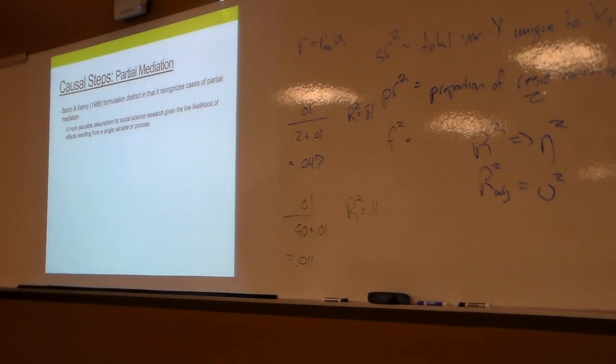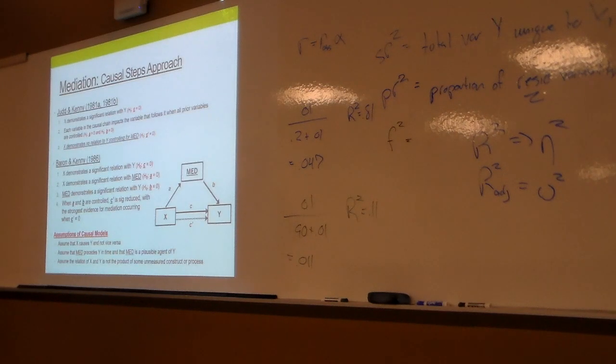Okay. So, Baron and Kenny's reformulation. What they do is they start to recognize cases of what we might call partial mediation. So we're not saying, as opposed to the original Judd and Kenny formulation, that the original relation between X and Y has to go away completely, right?